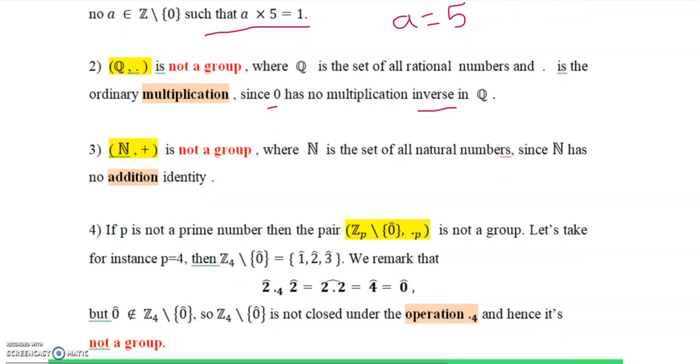N is the set of all natural numbers, with addition, but N starts from 1, 2, 3, etc. Here there is no identity element, because the identity element for addition is 0, but in this set there is no 0. Therefore, it is not a group.